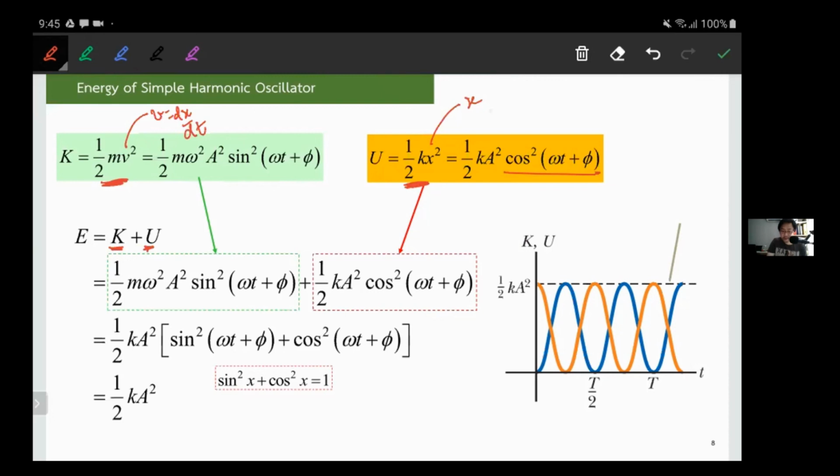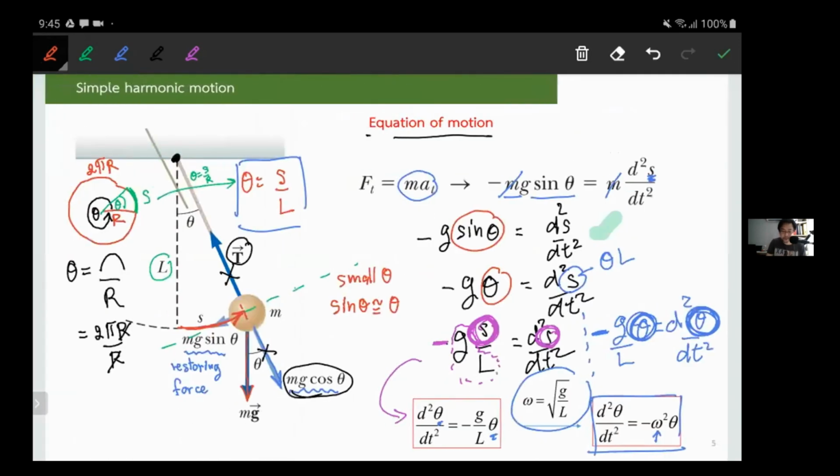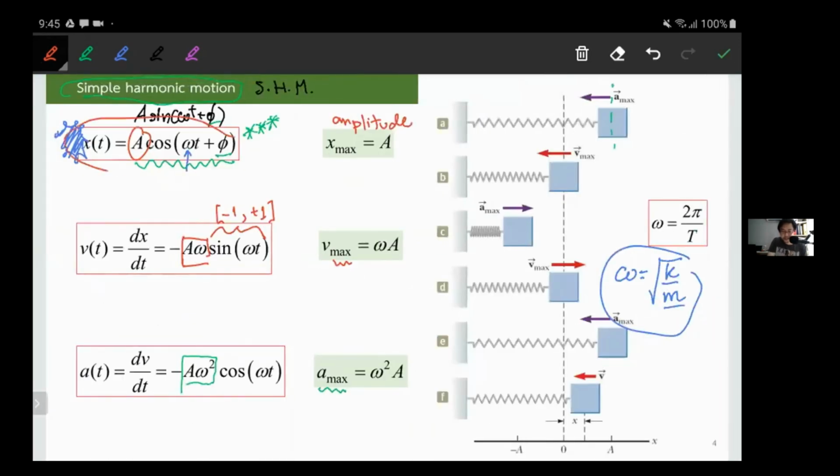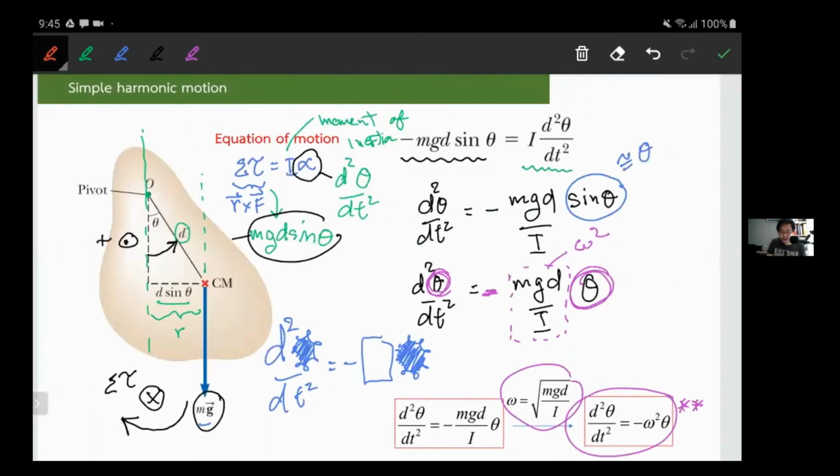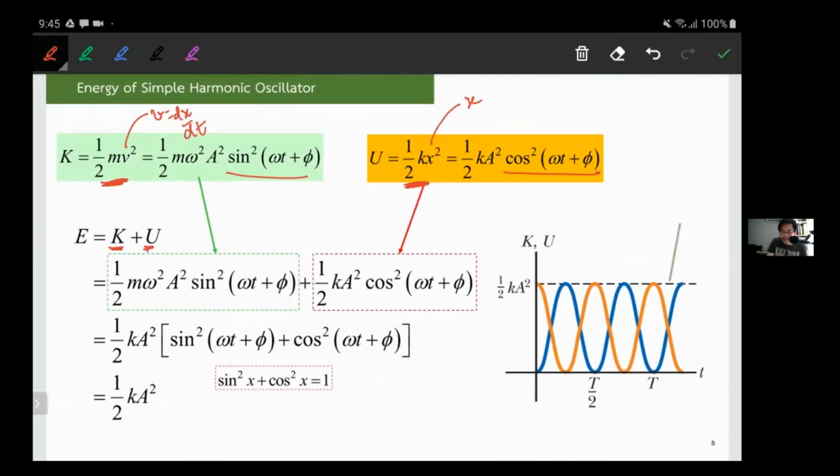I know the derivative of this one, you're going to get omega a sine omega t. So all I have to do is substitute this for x, this for v. With me now? But now you start seeing something right here. What I'm doing is I take x, a cosine omega t plus phi, square it. I get this term, the red term right here, 1/2 ka squared cosine squared, and so on.